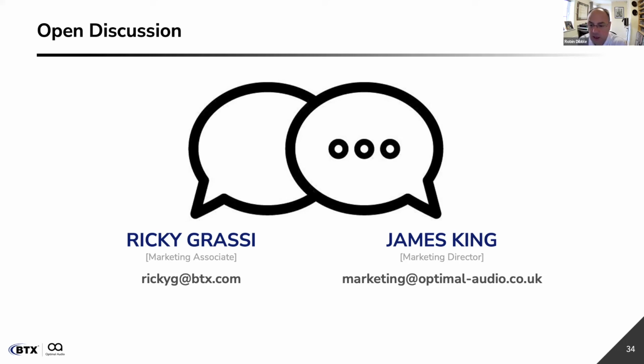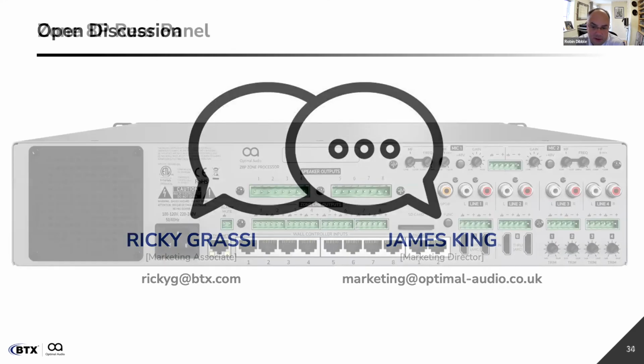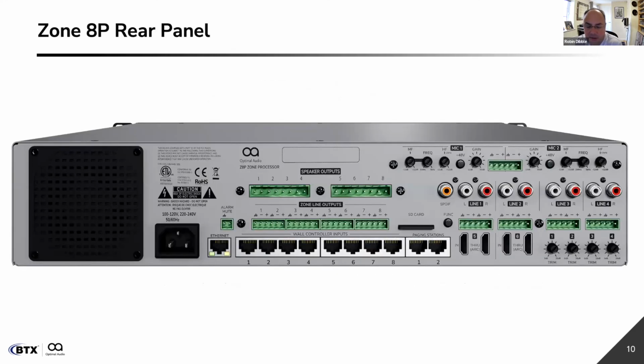Haley, can we just go back through the presentation to look at the back of the controller again, please? Absolutely. So on the back you've got standard Phoenix type connectors for balanced inputs. And you have phono for high impedance, conventional domestic type interface.